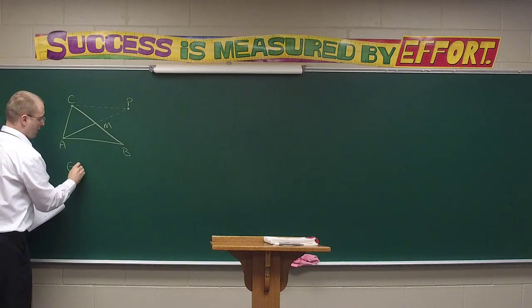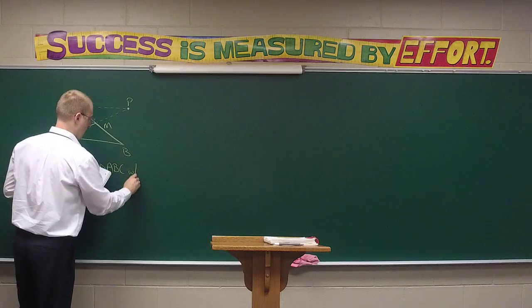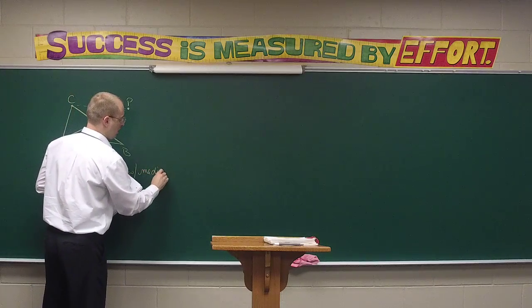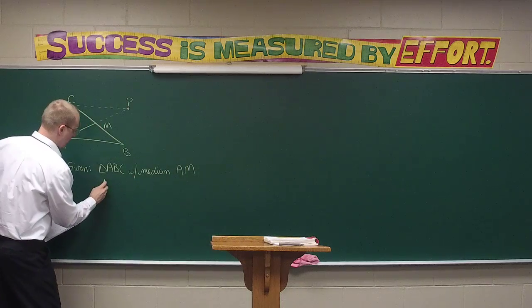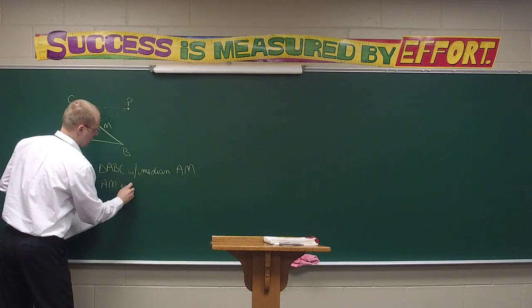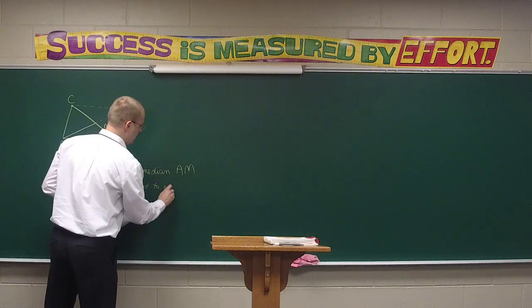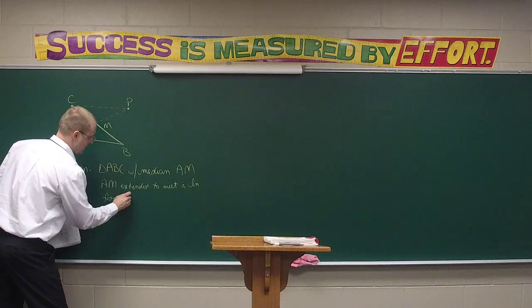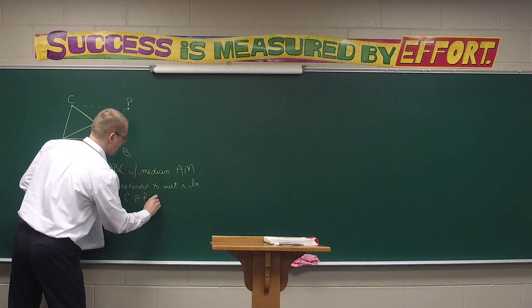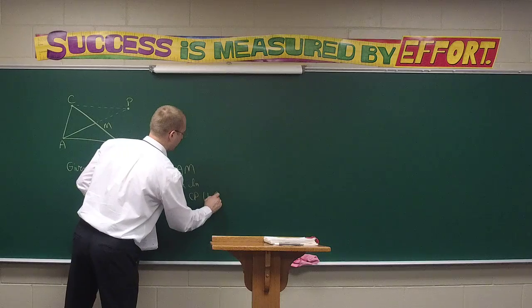So, given triangle ABC with median AM, we were told that AM was extended to meet a line from C at P such that CP would be parallel to AB.